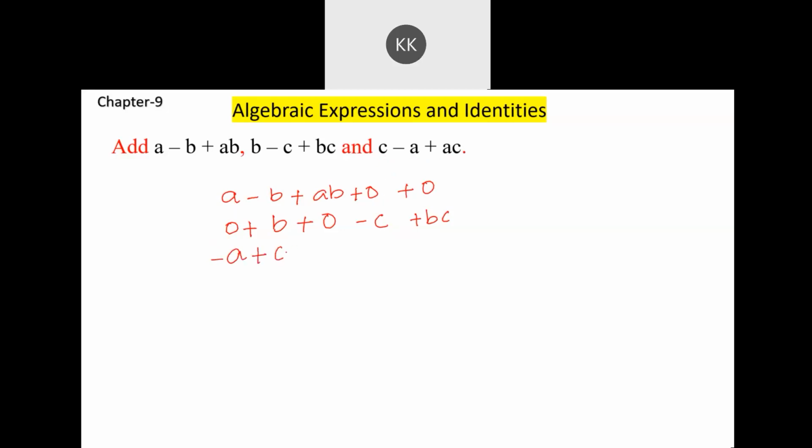When b term is not there, I can mention 0 over there. There is no ab term also, plus 0. C term, it is there, plus c. BC term is not there, so plus 0 plus ac. Now in the previous expression, plus 0 can be written in the place of the ac column. Now they are one below the other.